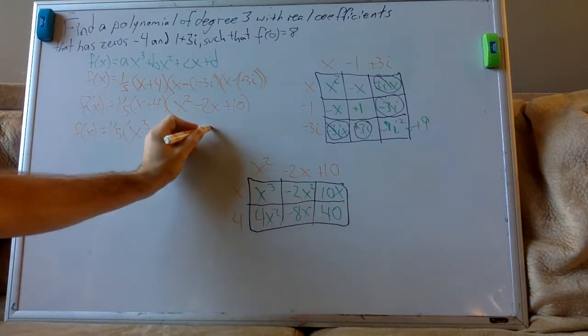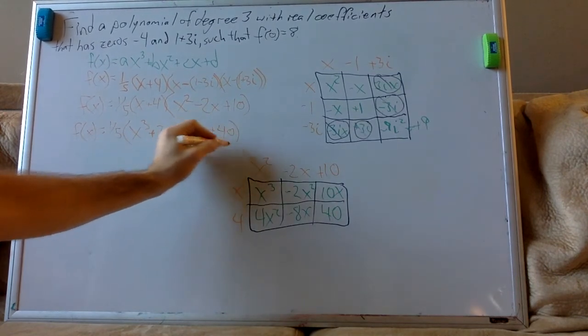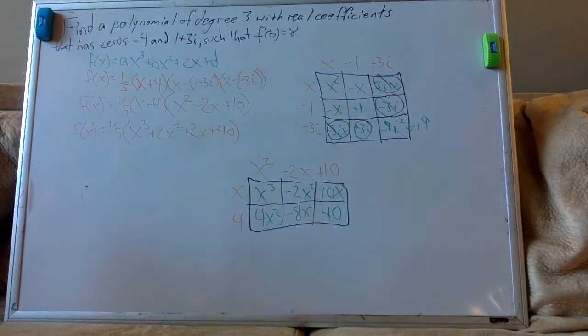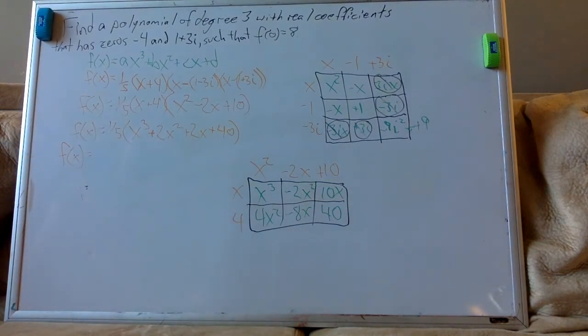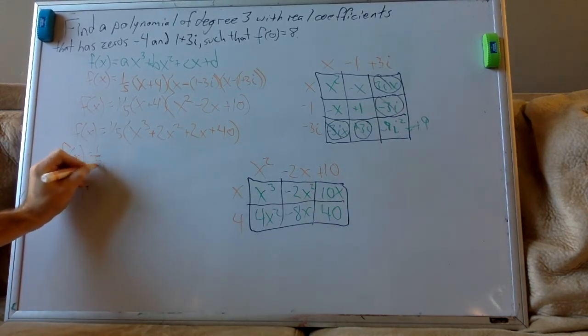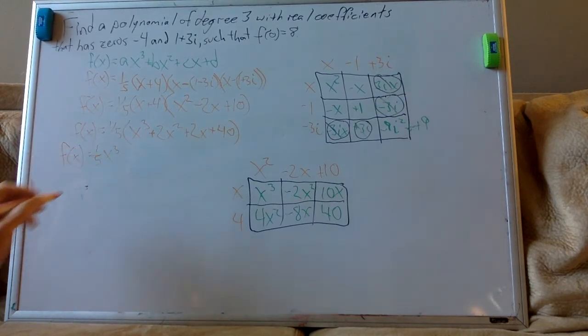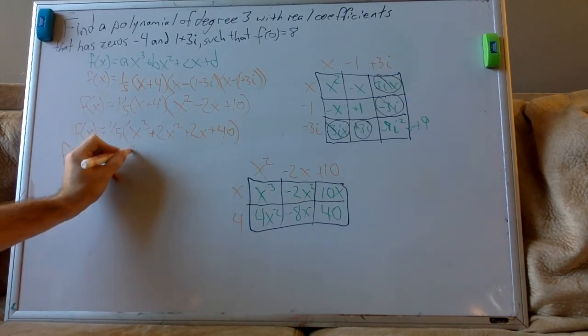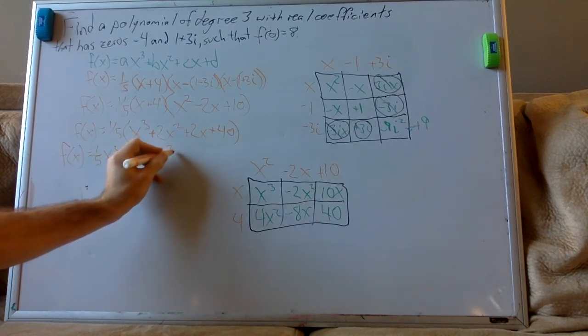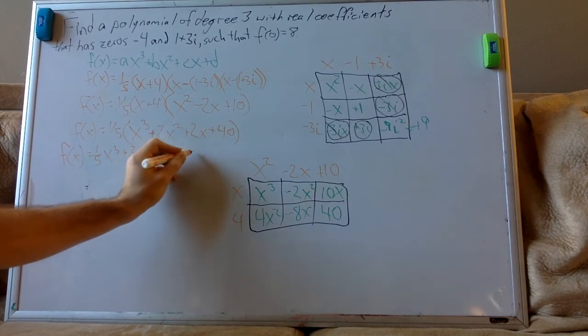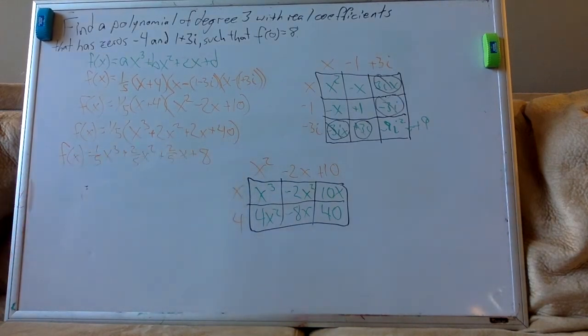And then I have my plus 40. Good. Now my last step is to distribute the 1/5, so I get 1/5 x cubed plus 2/5 x squared plus 2/5 x plus 8.